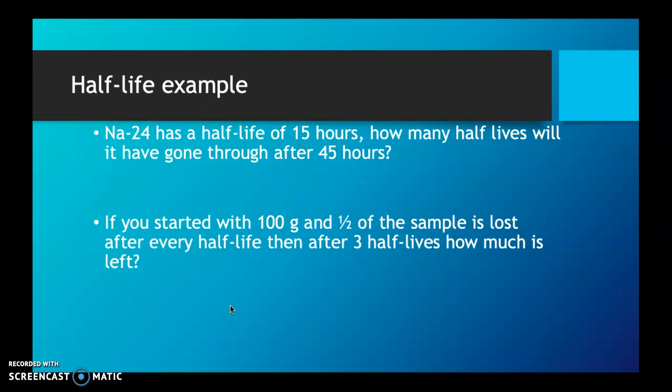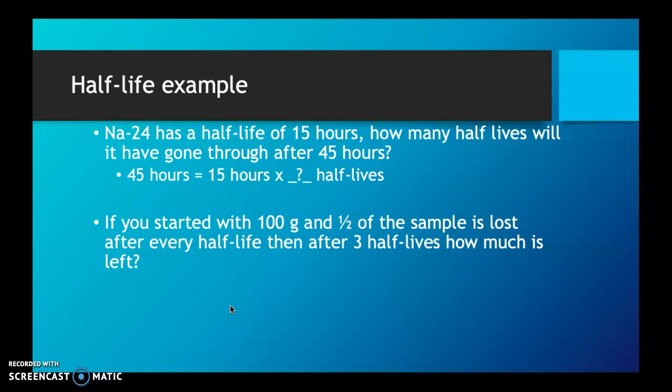So let's go through an example of this. Sodium-24 has a half-life of 15 hours. How many half-lives will it have gone through after 45 hours? So if sodium-24, after 15 hours, half of the sample has undergone beta decay, how many half-lives do I get in 45 hours?